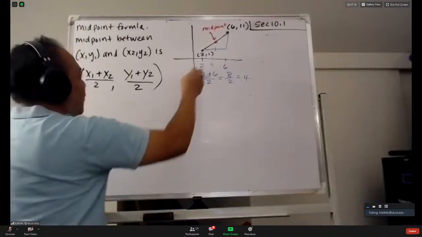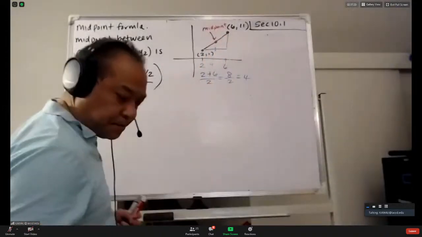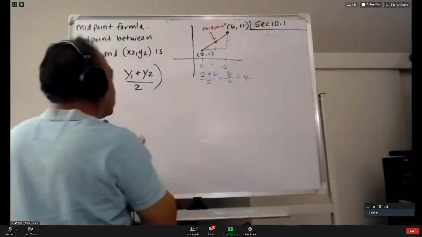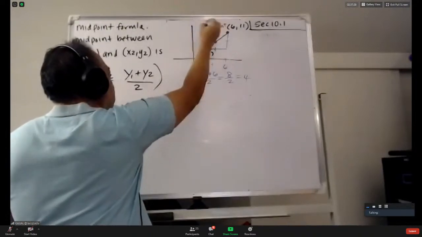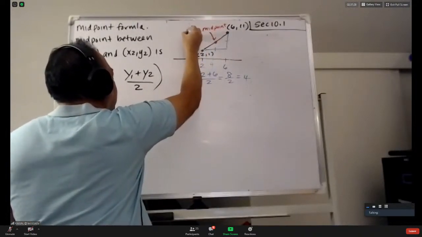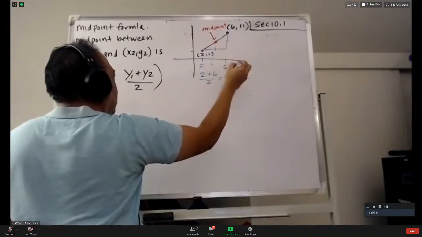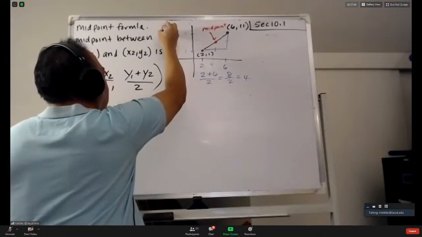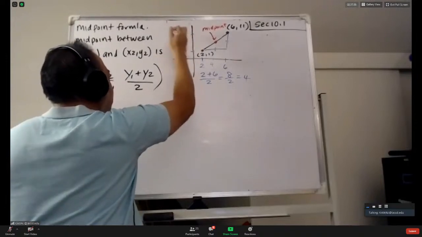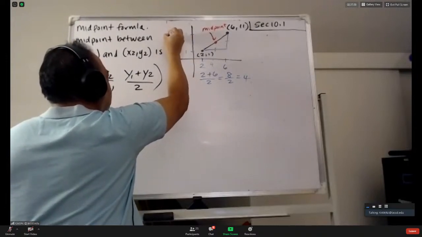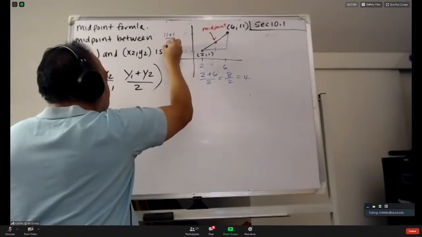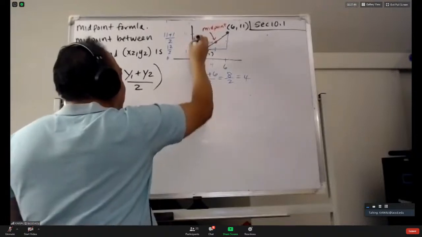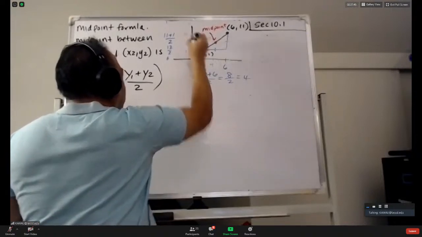And to find the middle in terms of the y values, this is 11 and this is 1. The average is 11 plus 1 divided by 2, which is 12 divided by 2, which is 6.